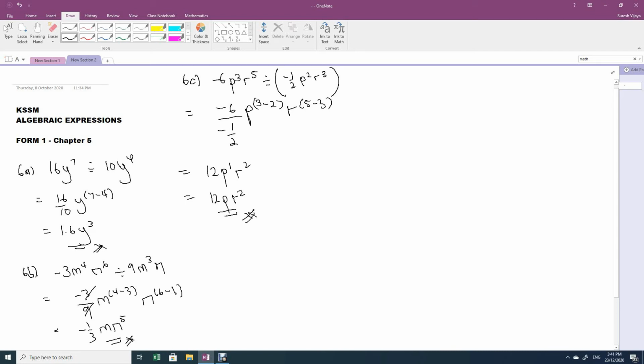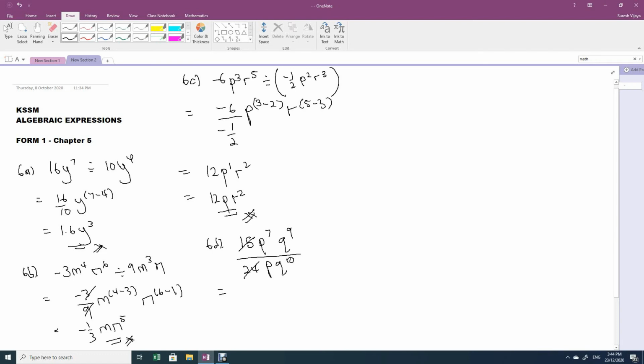So let's move to question 6d. 6d says 15p to the power of 7 q to the power of 9, then divided by 24p q to the power of 10. How do we solve this?